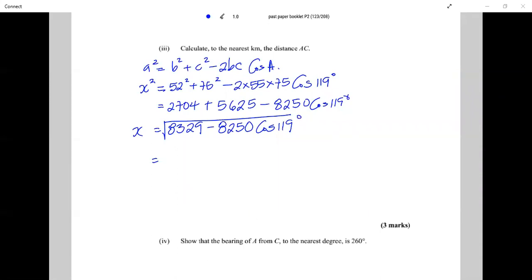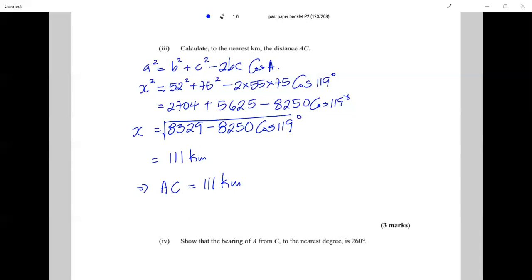When you do it in the calculator, it's square root, then bracket 8,329 minus 8,250, the cosine of 119, then close bracket and you press equal. This is equal to 111 kilometers. So the distance AC is equal to 111 kilometers.